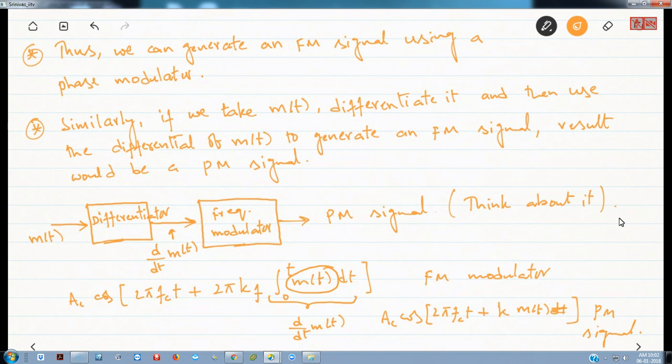So you can generate a phase modulated signal using a frequency modulator.